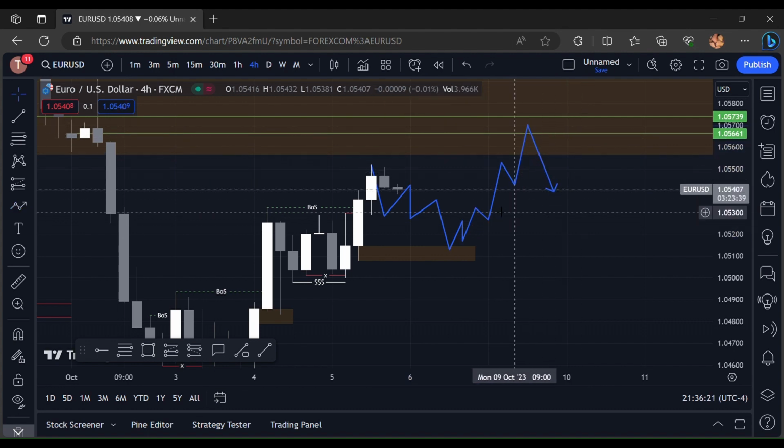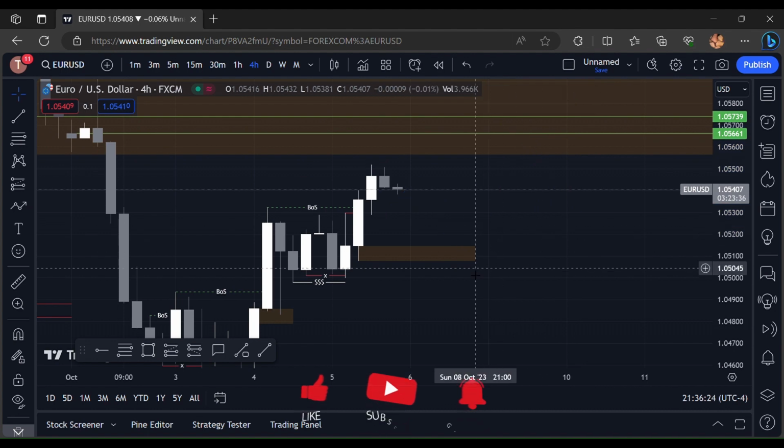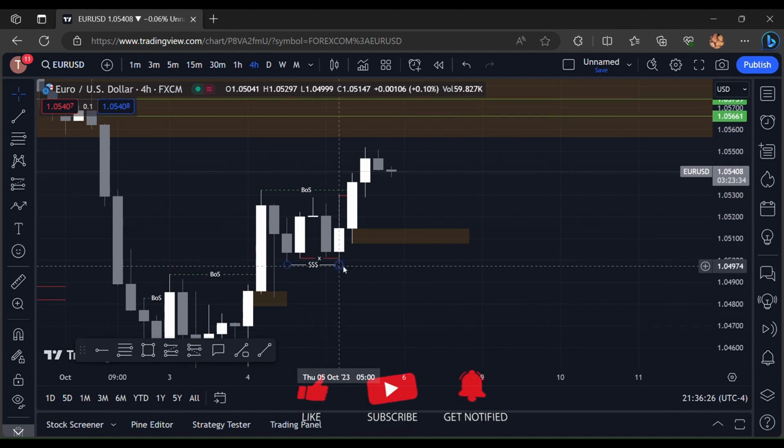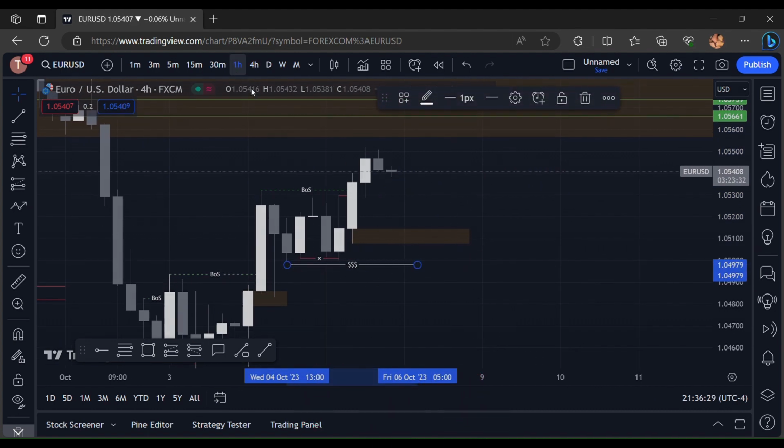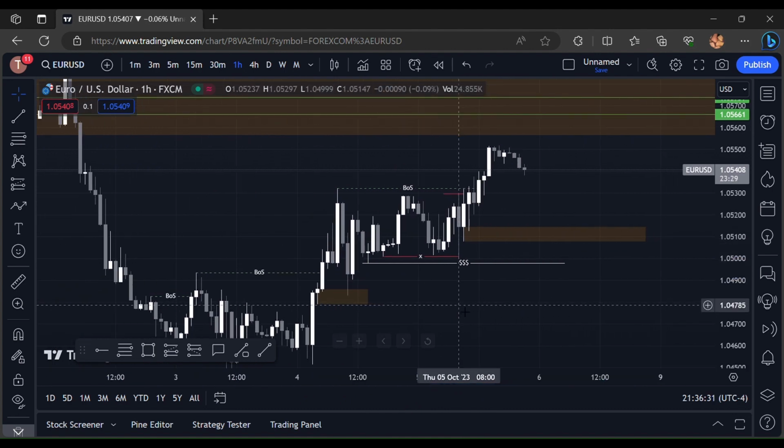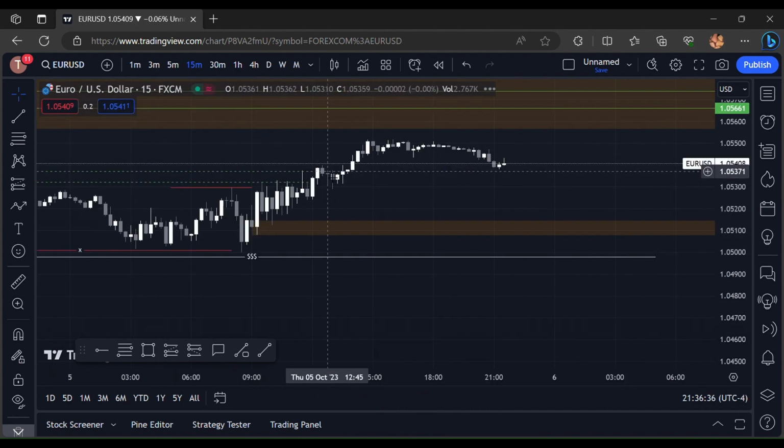And if this level is not respected by the market, most probably we are going to take all the liquidity over here. And then again, most probably we can sweep and go above. So let the small time frame be our guide for this zone.